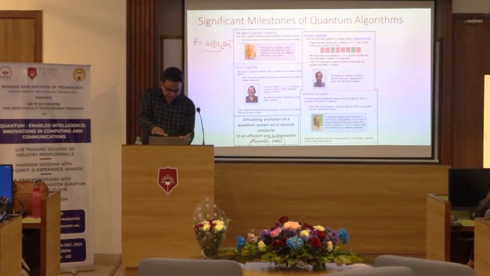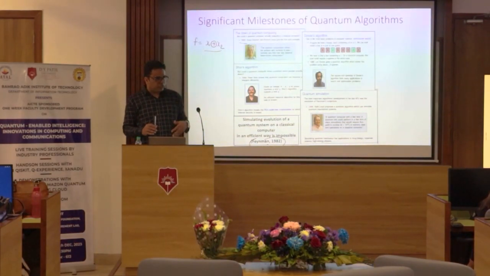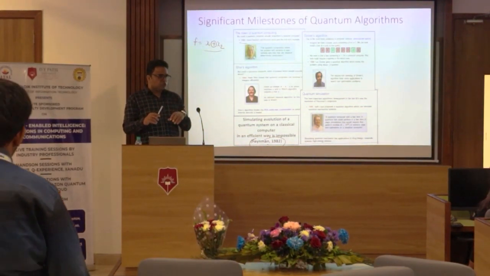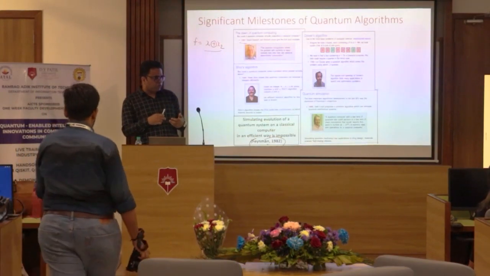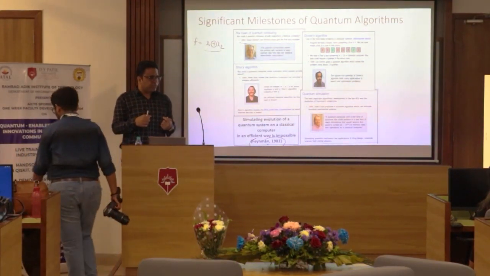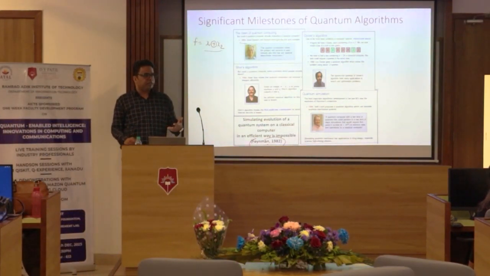So if I ask whether this function is balanced or constant, what you do is try all possible combinations. There are 4 inputs, you try all of them, and you say okay, 2 times I get 0, 2 times I get 1, then only you are able to tell it is balanced.